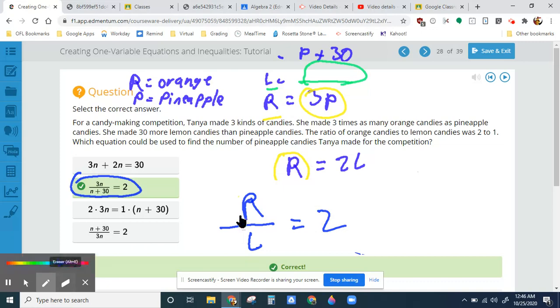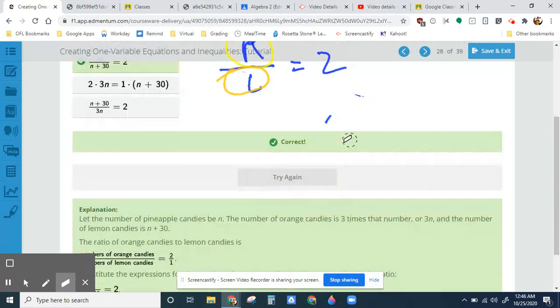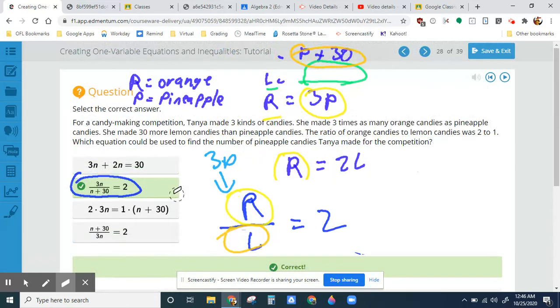Well, we're going to replace the oranges with 3p. So they're going to replace that. They're going to be like, oh, this is going to be 3p. And we're going to take this here and we're going to replace it and put it over here. So they did it a nicer way. I prefer doing the algebra way, mainly because ratios seem complicated. You really have to understand how to do it.